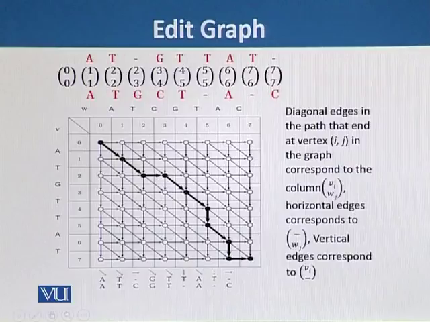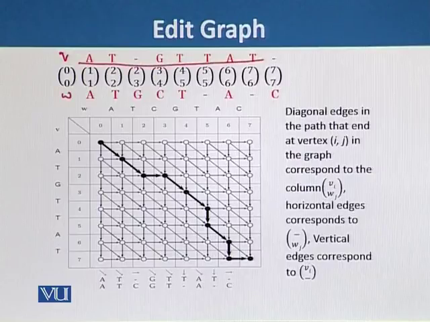This is again the mathematical representation of the same problem. There are two strings V and W, and we have calculated the numeric values, and we will reach the same path.